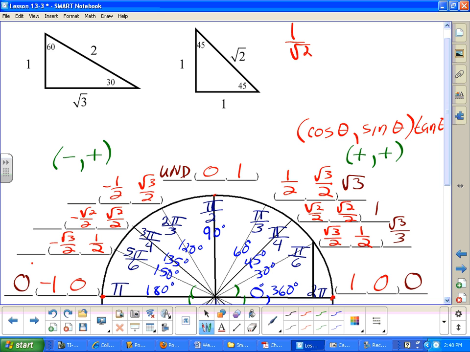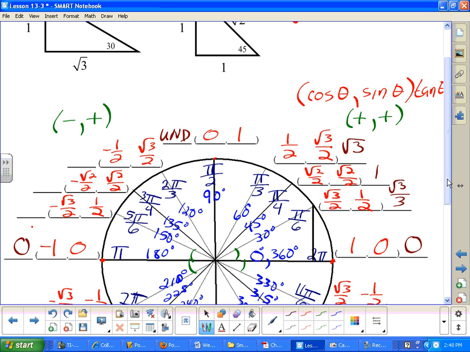Now, when we did these signs here in green, we did x and y, so then y over x is positive in the first quadrant, right? If I go to the second quadrant, I have a positive divided by a negative, which is negative. So tangent will be negative in the second quadrant.